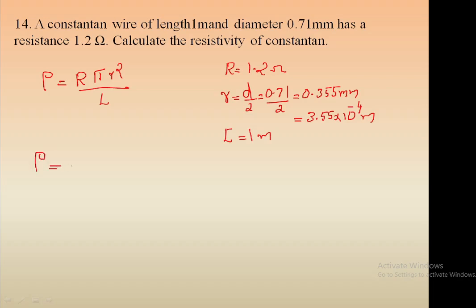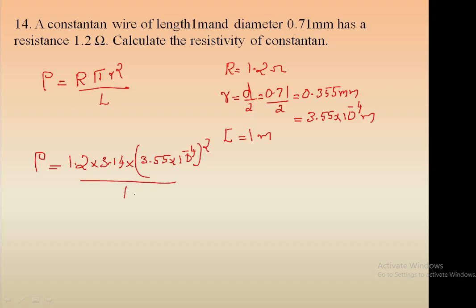Rho is equal to 1.2 ohm into pi r square, 3.14 into 3.55 into 10 raised to negative 4, whole square, divided by 1 meter.